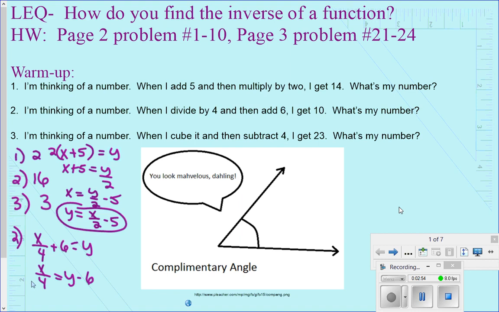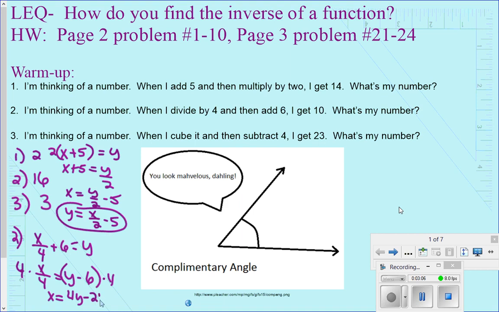And second, take both sides times 4. So I'm going to put that quantity in parentheses times 4. So then I'm getting x is equal to, I can distribute, 4y minus 24. And then interchanging the x and the y, I'm getting y is equal to 4x minus 24. So that's the inverse of the original.